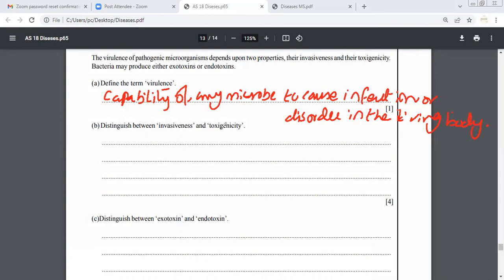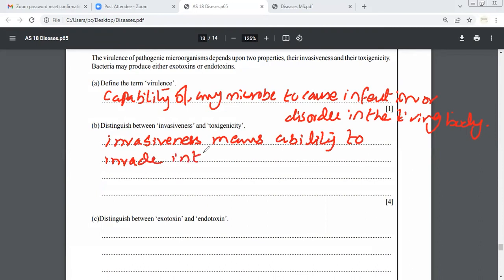Distinguish between invasiveness and toxicity. Invasiveness means ability to invade the host cells or tissues to cause infection.